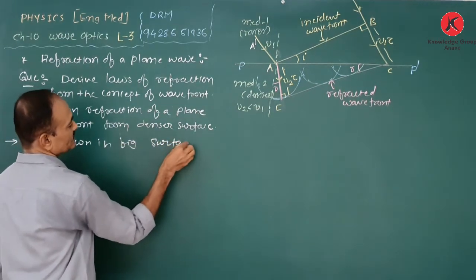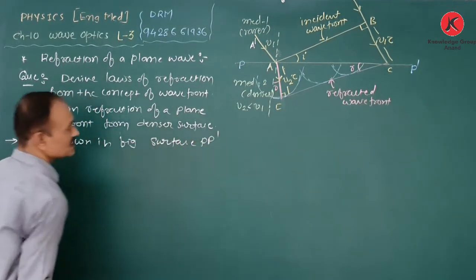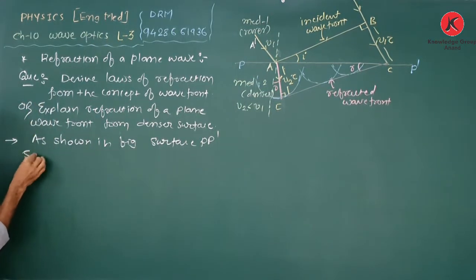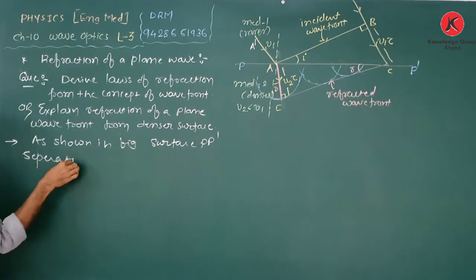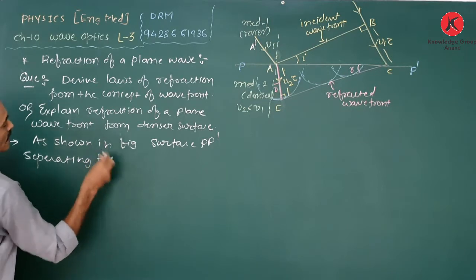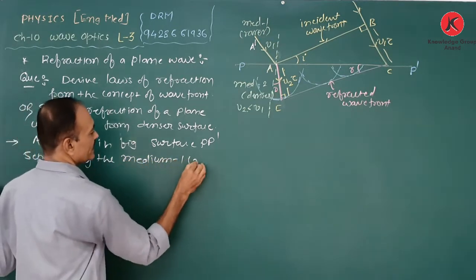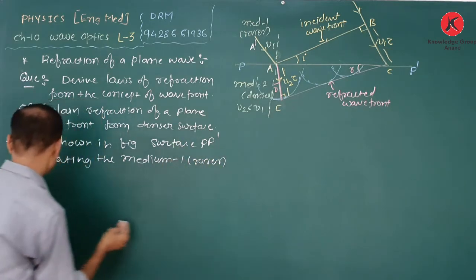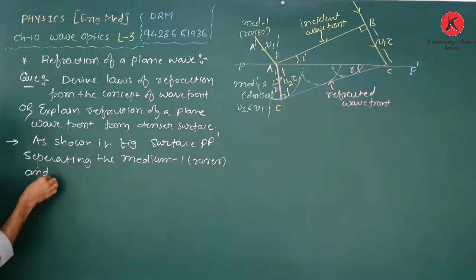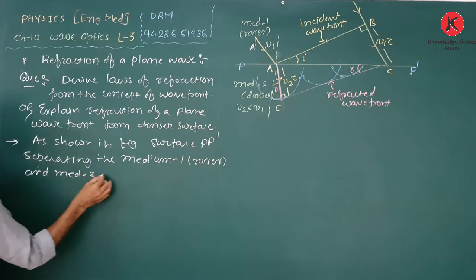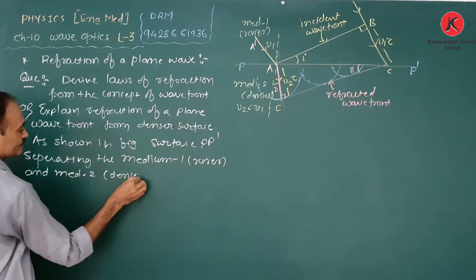Surface PP dash separating the medium 1, rarer medium, and medium 2, denser medium.